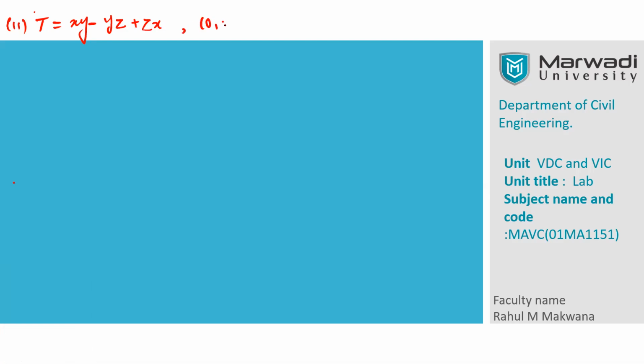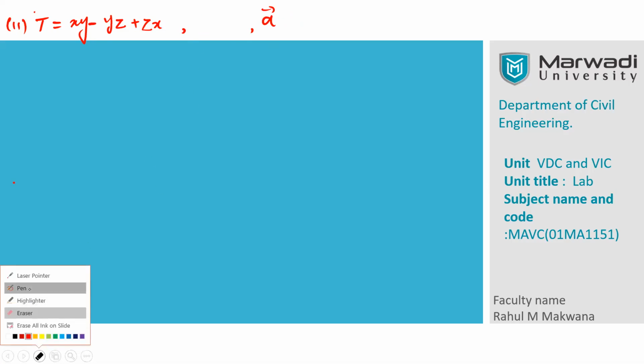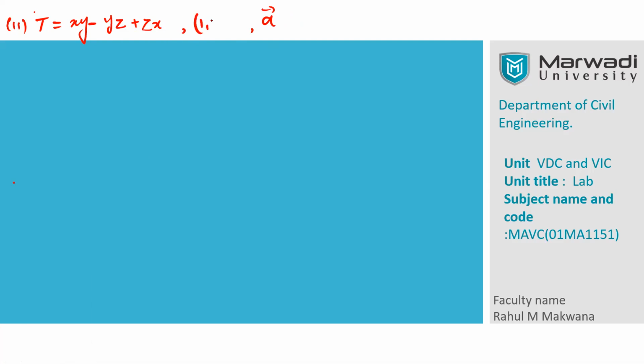The point is, sorry, the point is 1, 1, 1, in the direction of 3i minus 4k.